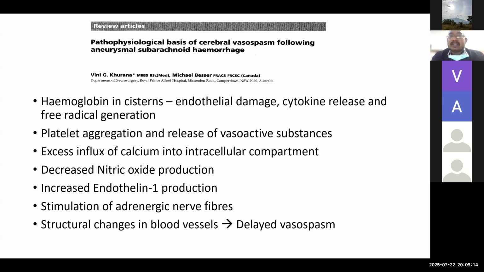The parallel to this is that in acute bacterial meningitis, the bacterial exudates form at the base of the brain. Whenever there are bacterial exudates, they irritate blood vessels in the form of endothelial damage and cytokine release. So bacterial meningitis, by virtue of producing exudates near the blood vessels, causes vasospasm.